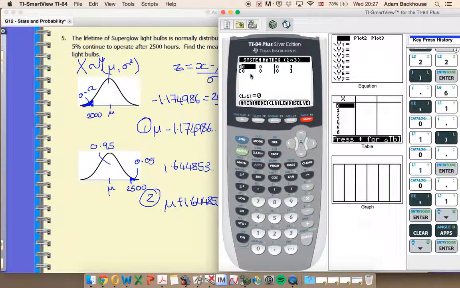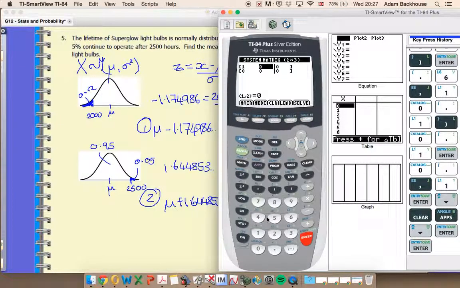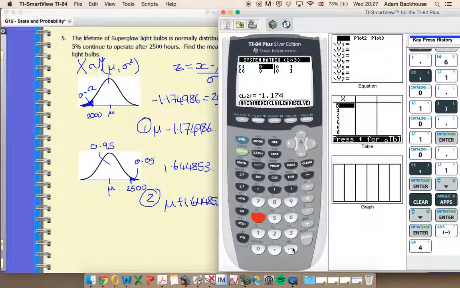Okay, so I've got 1, then negative 1.174986, and it went with 2000.